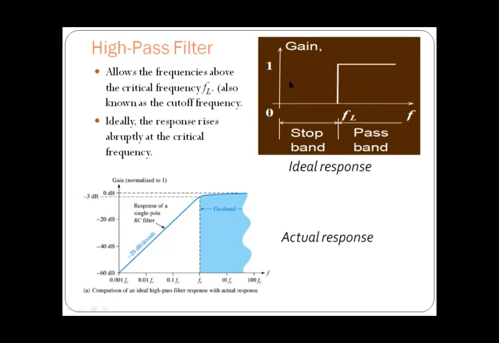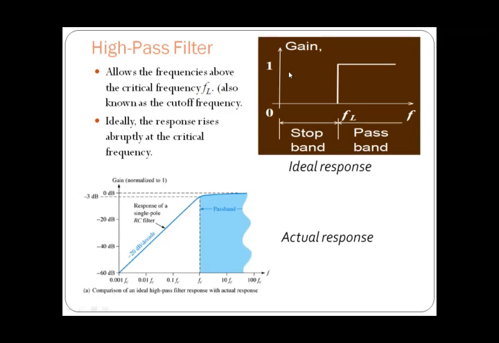So this is the ideal response of the filter. If you observe, on the x-axis we are taking frequency, and on the y-axis we are taking gain. The gain will be around 1. A gain of 1 means the output is equal to the input, so there is no loss of the signal if you consider ideal components.